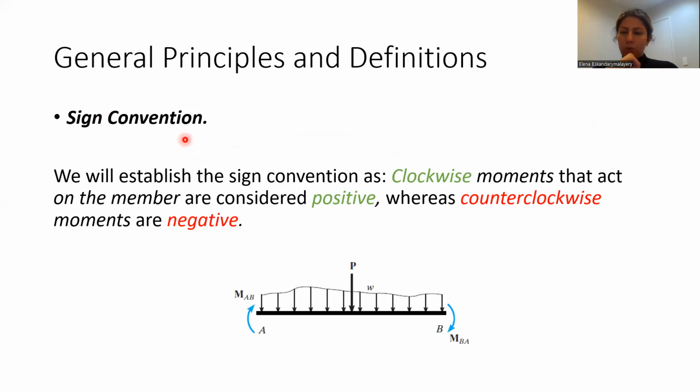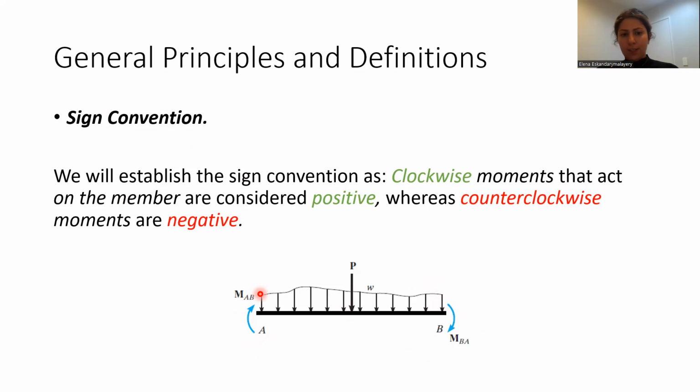So in this method, the sign convention is different. When we say sign convention in this method, on the right-hand side, clockwise is positive, and on the left-hand side, clockwise is positive.